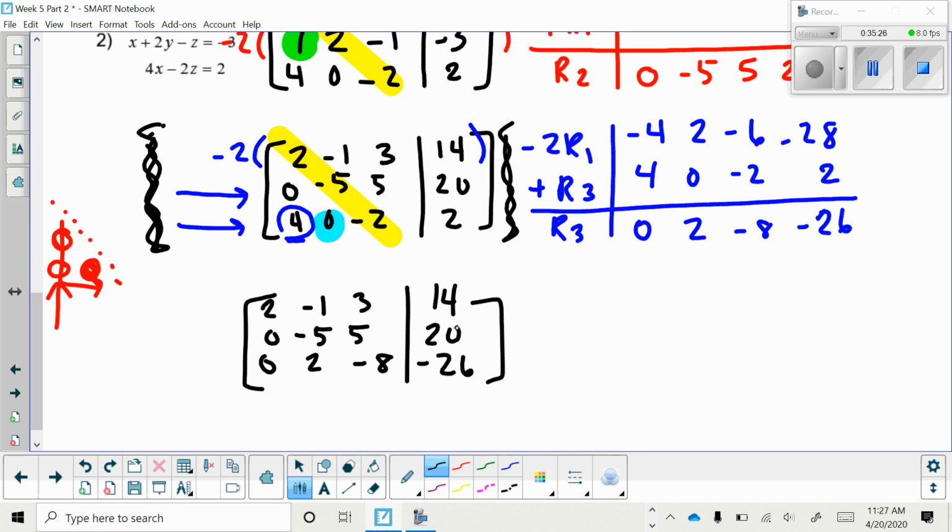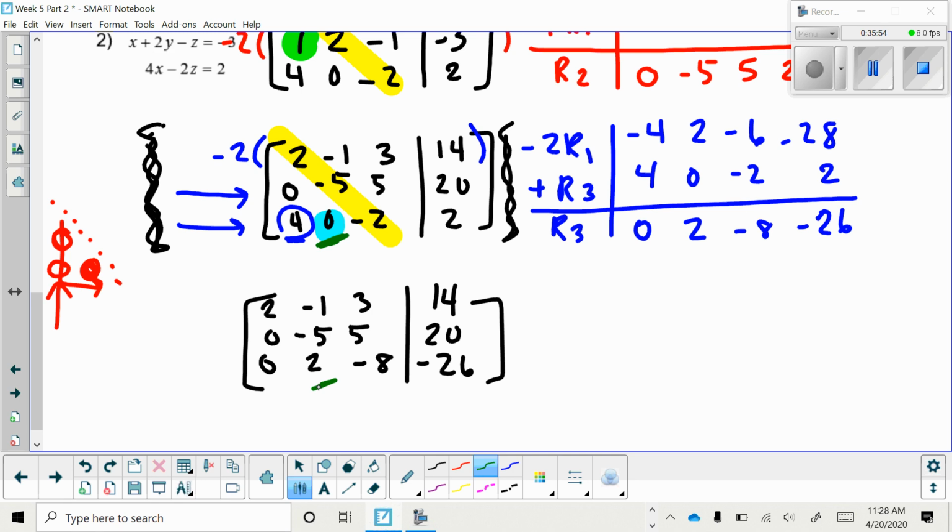So notice the 0 that I had here, that I highlighted in that funky blue color, right here, is no longer a 0. And that's okay. If you see that 0 in the future, don't get excited about it, because it might change. We're gonna fix it now.